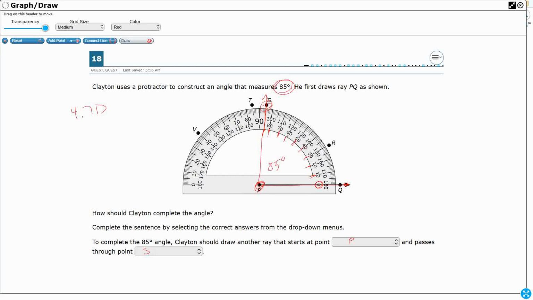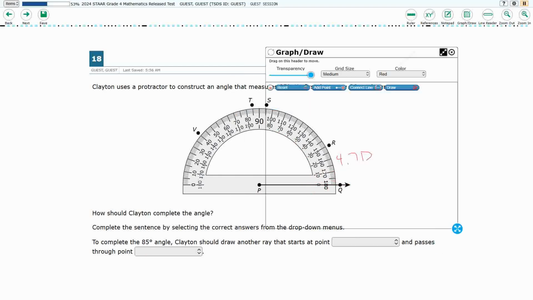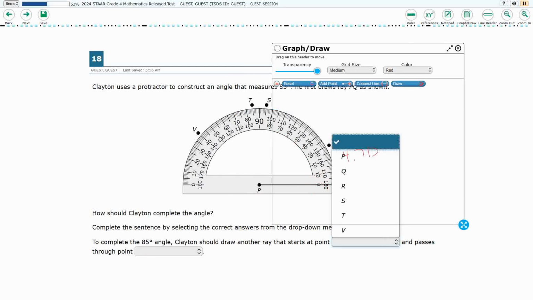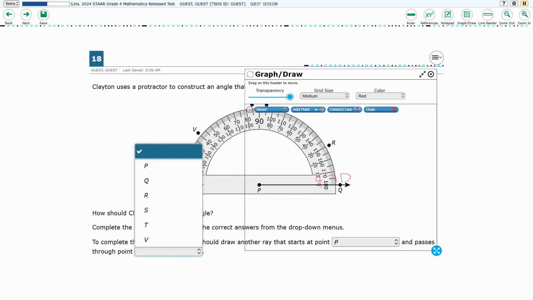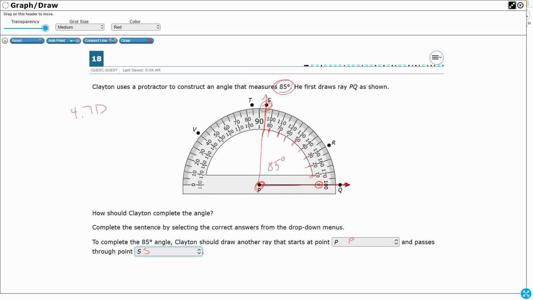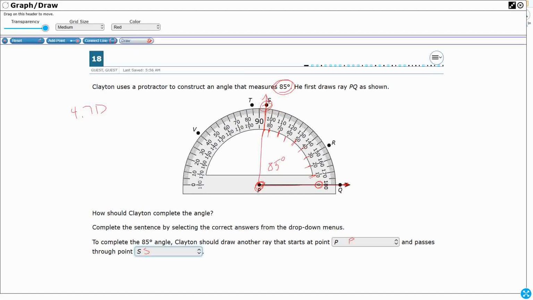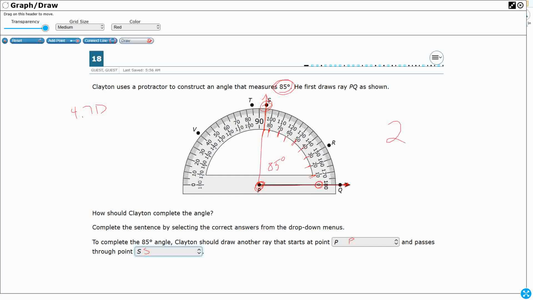S. All right, so let's make sure we got this correct. Point P and then point S. Did we get that correct? Point P and point S. Yes, we got that. So this is a 2-point problem, and only 25% of our students were able to get both of these.